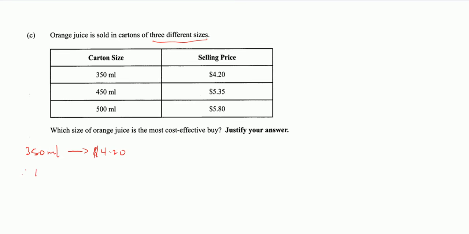Therefore, 1 milliliter will cost $4.20 divided by 350, and that will give me, so that's 420 divided by 350, and that will give me 0.012. Right?